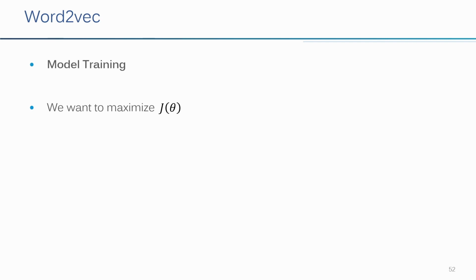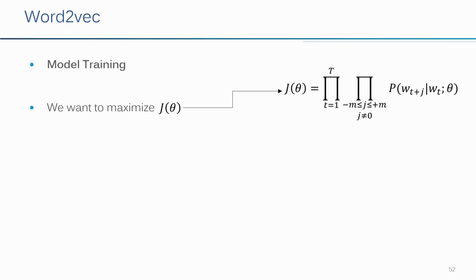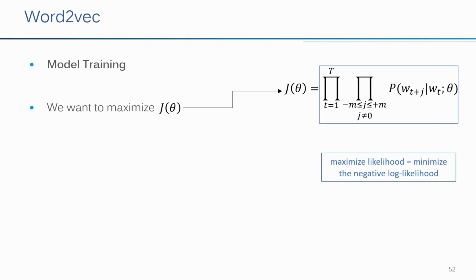Well, let's first start with what we want to do. We want to maximize the probability function, the likelihood function that we talked about in the beginning, which is simply the product of all the probabilities, first for the window that we define, and then for the entire corpus. We already discussed that maximizing this is pretty much the same thing as minimizing the negative log likelihood.